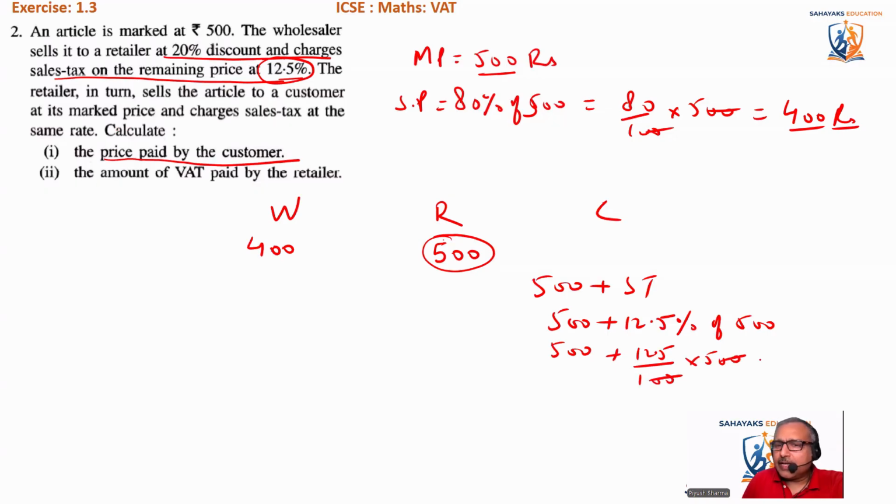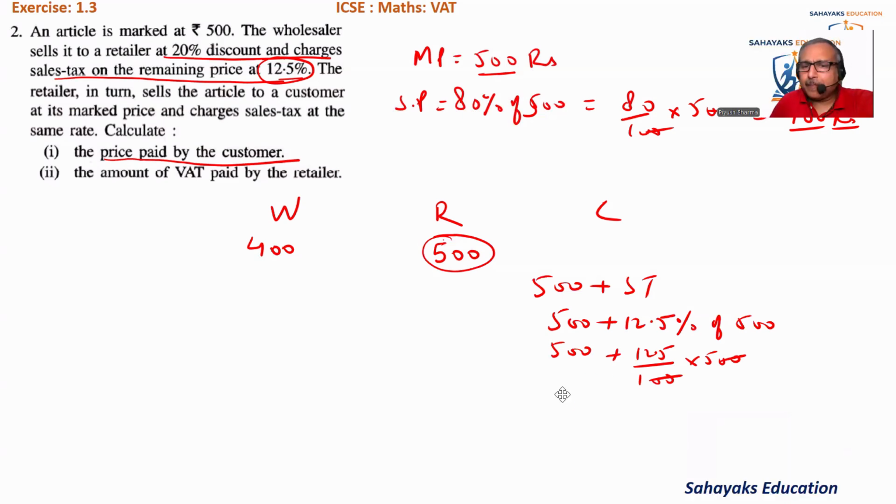So this got cancelled out. This value comes out to be 500 plus 12.5 into 5. 5 5s are 25, 5 2s are 10, 11, 12, 5 1s are 5, and 6. So that means 62.5 rupees as GST. So customer has to pay 562.5 rupees.